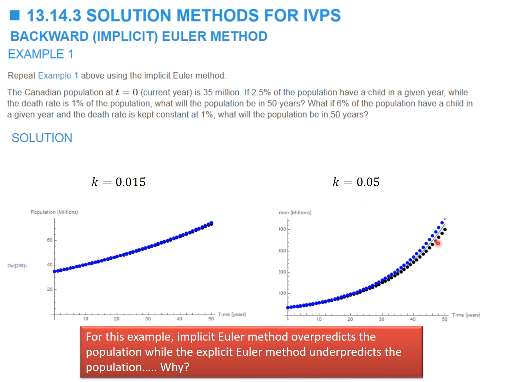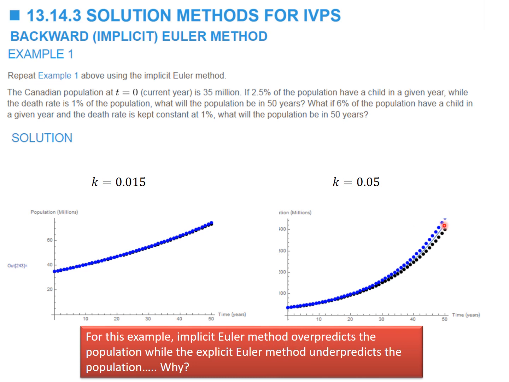You can see the black dots use the explicit Euler. The blue dots are the implicit Euler. They're both relatively accurate for this particular example, but of course the error increases as we march in time. You might want to think, for this example, it's not always general, but maybe look at the curve and try to understand why the implicit Euler method would overpredict the population.